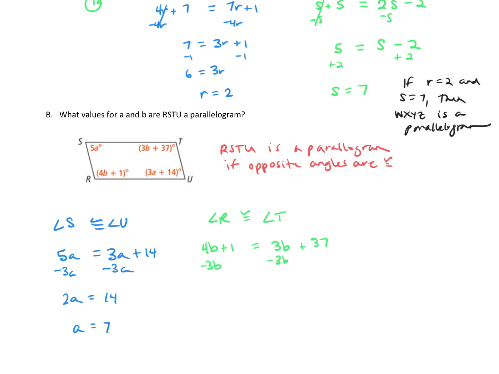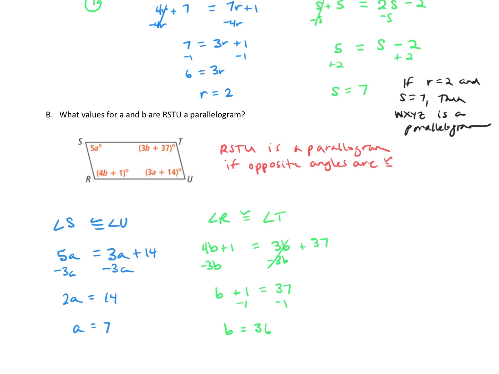I'm going to subtract 3B. I tend to add or subtract the smaller B value, so sometimes you'll see me getting B's on the left side of the equation, sometimes on the right. Just depends. 4B minus 3B is a 1B plus 1 is equal to 37. And then last step, we will get the B alone by subtracting 1. So B is equal to 36.